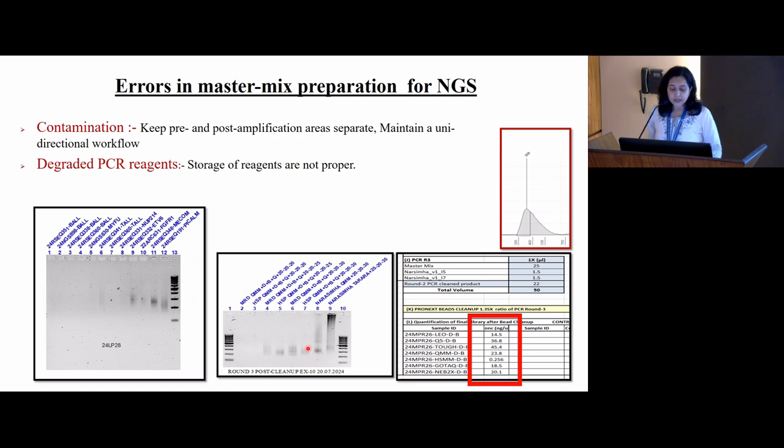We checked different master mixes with different PCR cycles, because NGS is not a one-step thing in which you just put in a PCR and get results after amplification. It's a multi-step process, so every step you have to validate first and only then implement it. Then we had to change to GoTaq master mix. All these things can happen when you are starting your service.